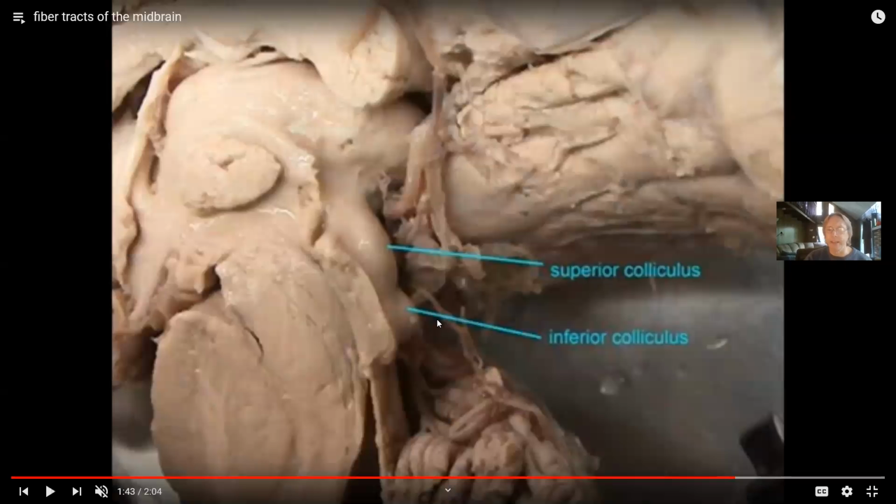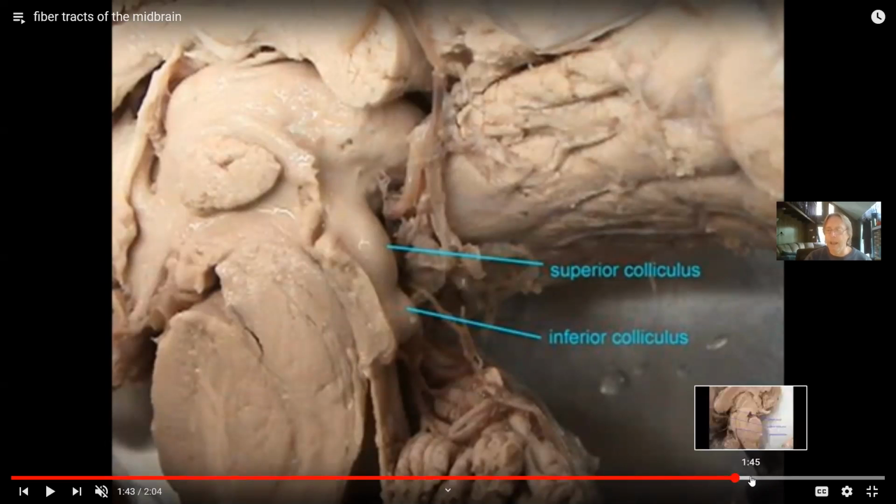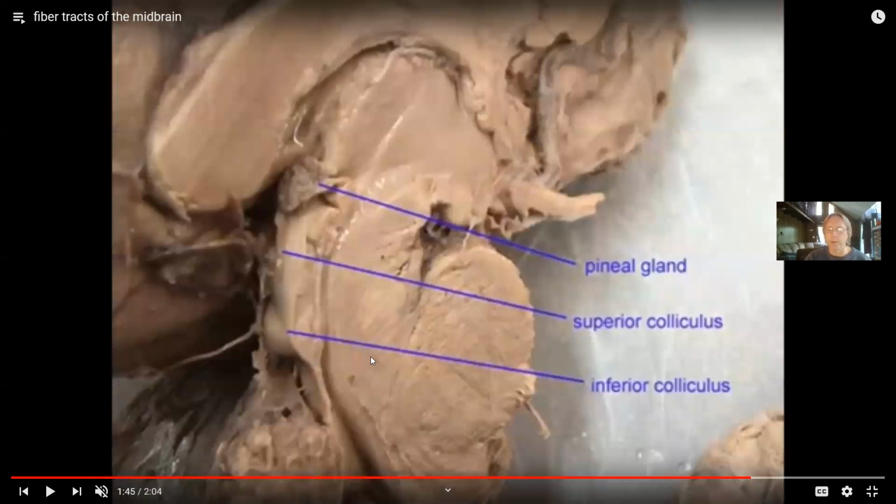So here you can see a human brain, and this is the midbrain region. This would be where that cerebral aqueduct is. And here you can see those two pairs of bumps, or well, just one of the two pairs, the other one being on the other lateral side: the superior colliculus, which processes vision, and the inferior colliculus, which processes hearing.